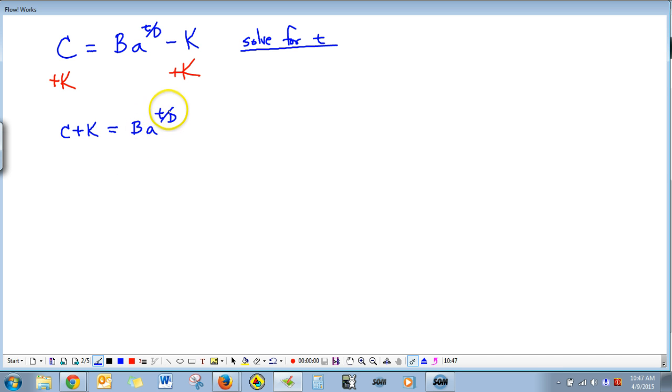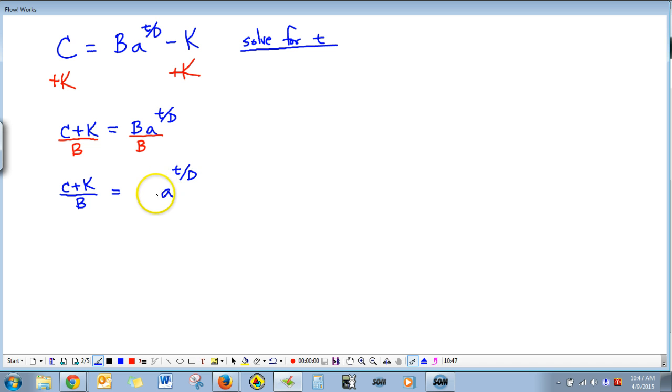Now, in order to get the power by itself, we need to divide both sides by b. So then we have c plus k over b equals a to the t over d.